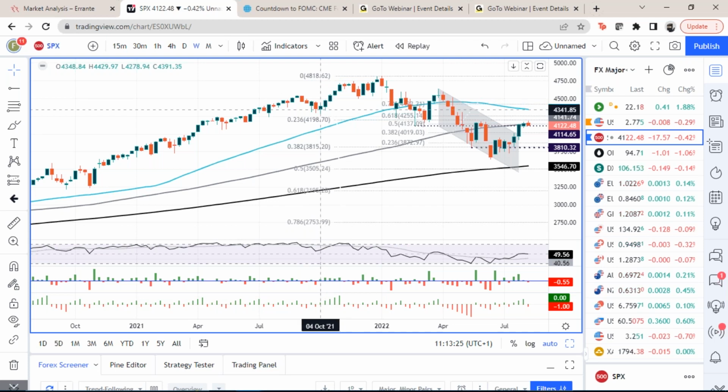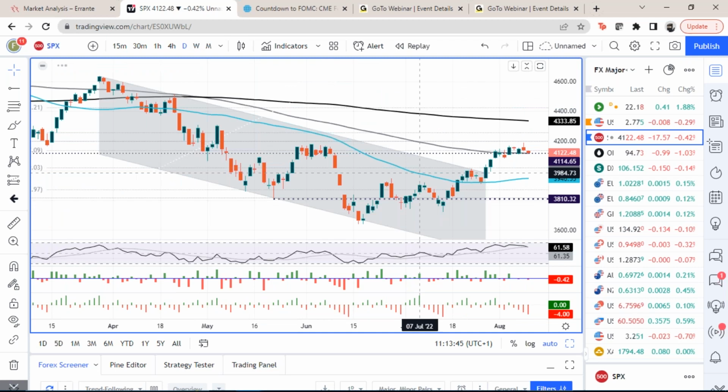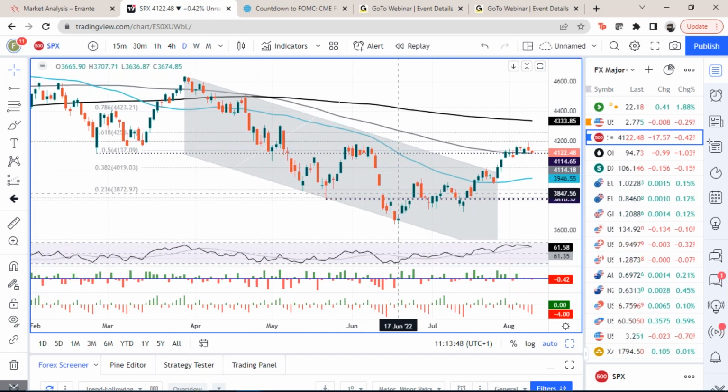I've got the wider fib levels there, so the next fib level that we get to is 4198. That's the 23.6 of the all-time high down to the pandemic low. And then this grey line is the 100-week moving average at 41.41, so we're just trading below there.